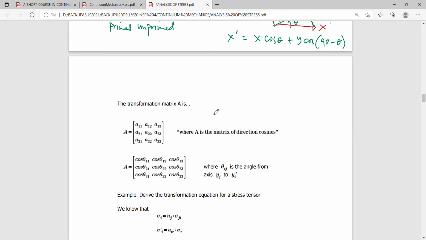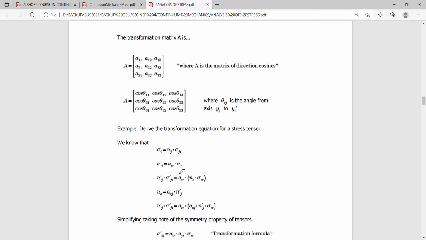Okay, so to demonstrate to you the use of such transformation in stress analysis, let's have this example wherein we first try to derive the transformation equation.